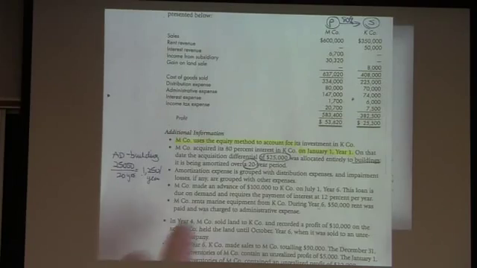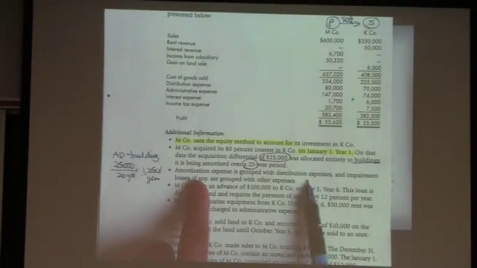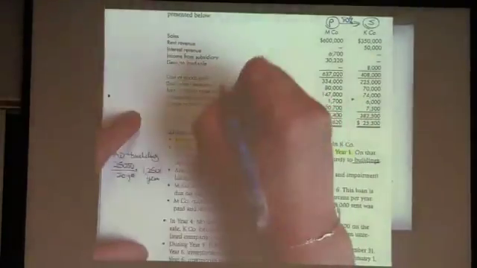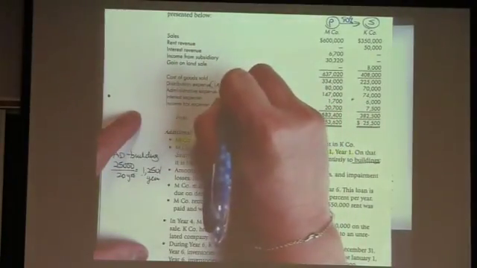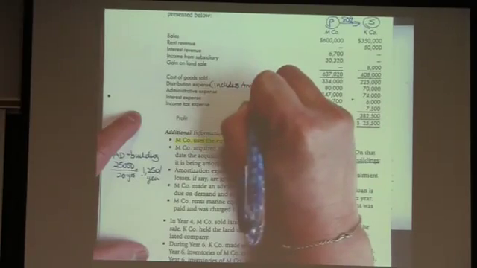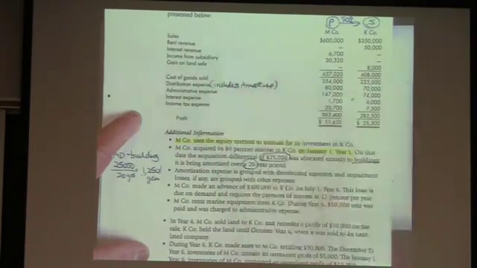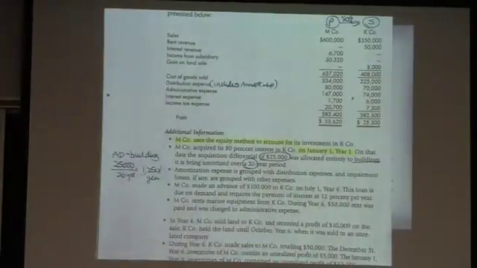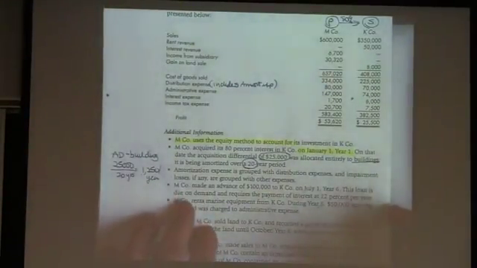Now, it says amortization expense is grouped under distribution expense. So I'm going to write this down, includes amortization. I like to write that down because when I start to include the amortization of the AD, I need to know which line to include it in for the proper consolidated statement.